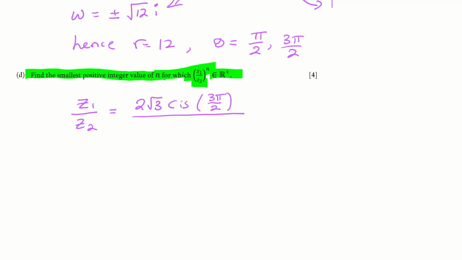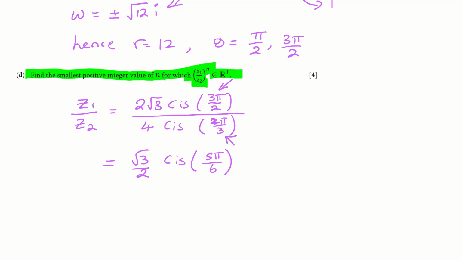And also from earlier that z2 is 4 cis 2 pi by 3. So if we're dividing there, we are going to get root 3 on 2 cis, and then we need to subtract these. 3 pi by 2, take away 2 pi by 3, is 5 pi by 6.